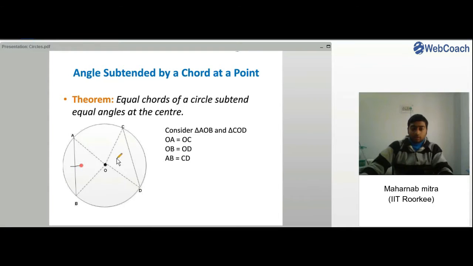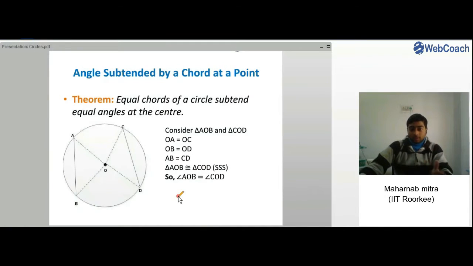And we have defined AB equal to CD. So we have three criteria which show that triangle AOB is congruent to triangle COD by the SSS principle.